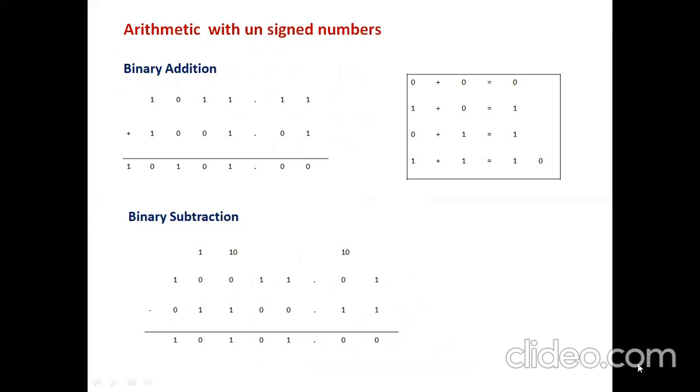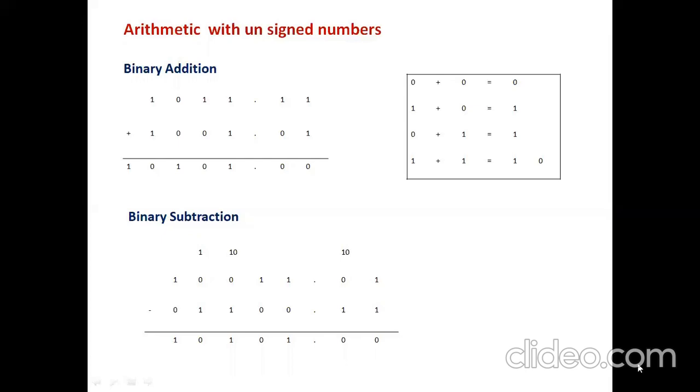When we start adding from right to left, we get the answer as 1 plus 1 is equal to 10. 0 is written in the result, and 1 is carry. So 1 plus 1, again it will become 0.